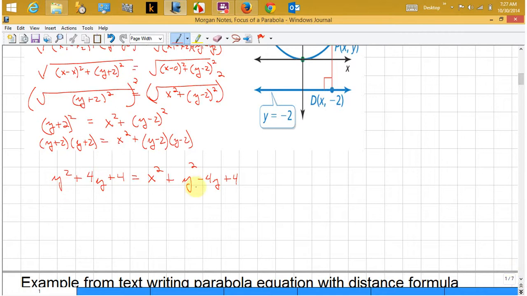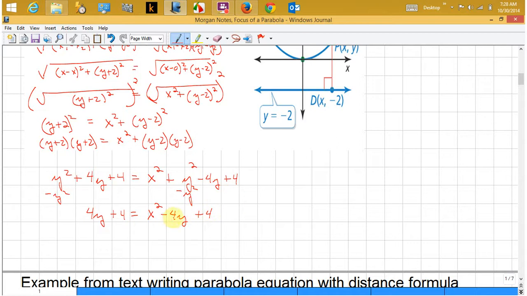So let's subtract y squared from both sides. That gives me 4y plus 4 is equal to x squared minus 4y plus 4.